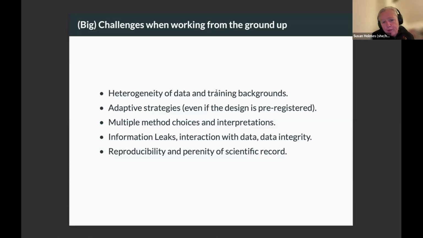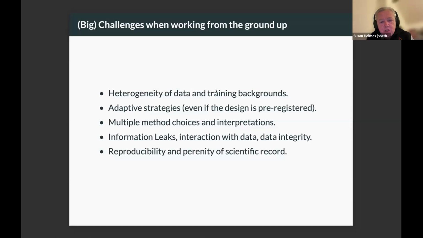So I have about a third of the students are medical doctors who do research. And I have a third of the people who are PhD students in other parts of biology. And then maybe a third of the students have a background in bioinformatics. So it's very different background.